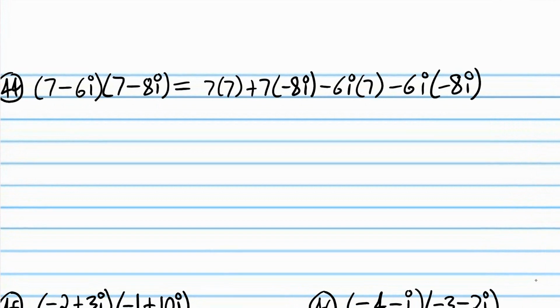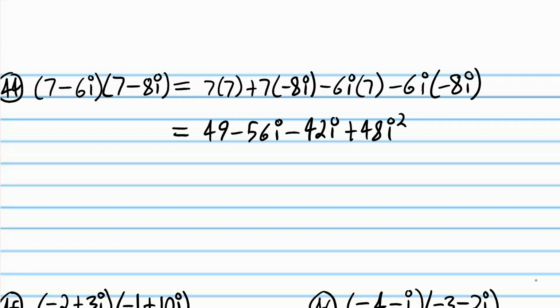So now we just have to combine those terms. So 49 minus 56i minus 42i plus 48i squared.